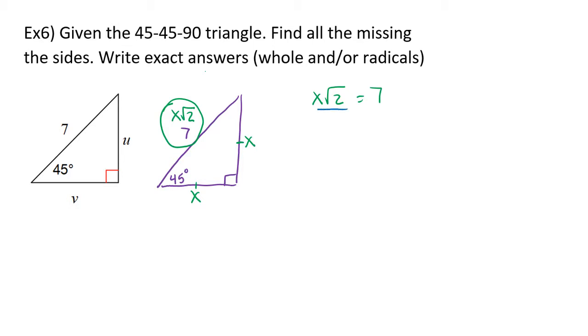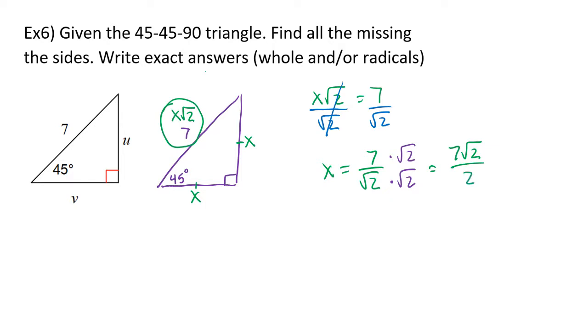So we're going to go x square root 2 equals 7. We're going to go ahead and divide both sides by the square root of 2. We're doing this because we want to get the x by itself. Those will cancel. So we're going to have x equals 7 over the square root of 2. And just like other problems, we don't want a radical in the denominator. So we're going to multiply the top and bottom by the square root of 2, which means we have 7 square root of 2 over, since the 2's repeated themselves, we're going to have a 2 on the bottom.